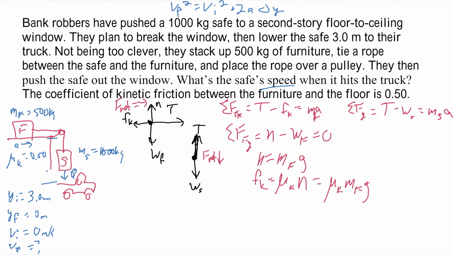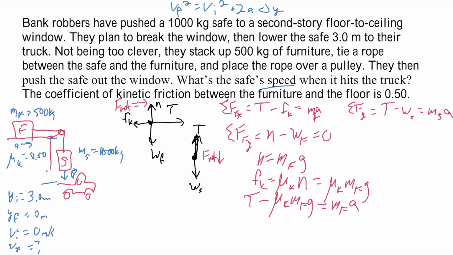Okay. So now back to the sum of the forces in the X direction. We have tension minus F sub K, which is now mu sub K, mass of the furniture times gravity, equals mass of the furniture times our acceleration. What happens? I can't divide by the mass of the furniture because I have this tension force.